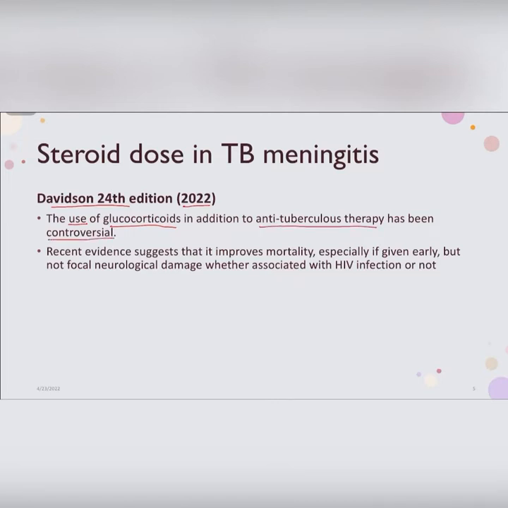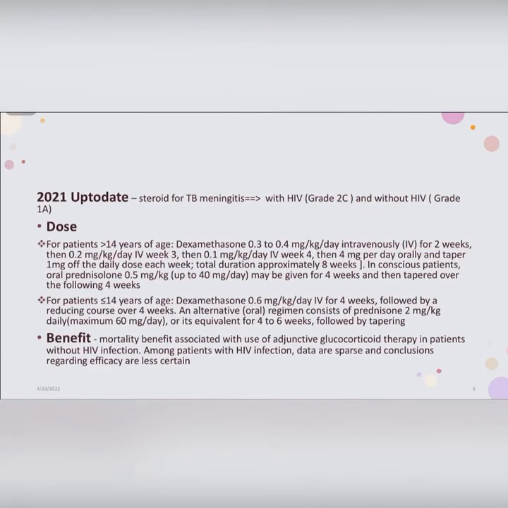However, recent evidence showed that giving steroids in TB meningitis can improve mortality, especially if given early, but it's still unclear about neurological damage and association with HIV infection.